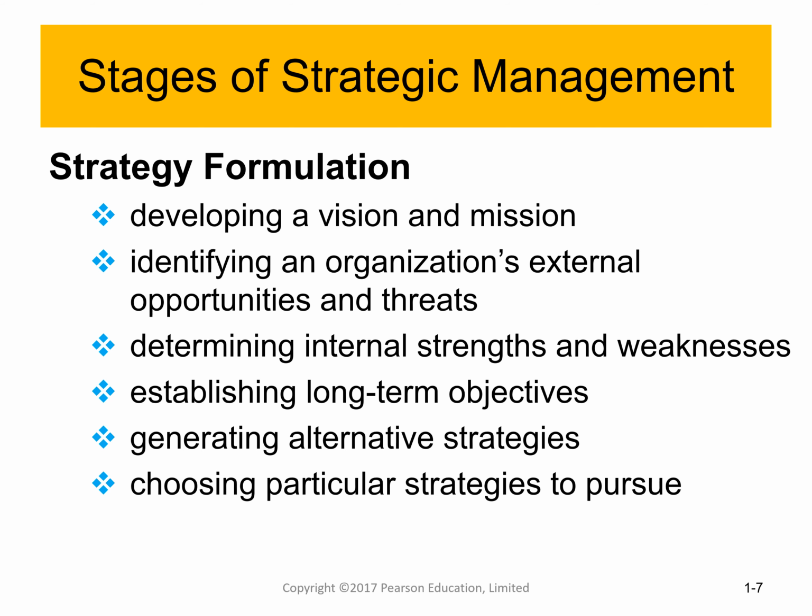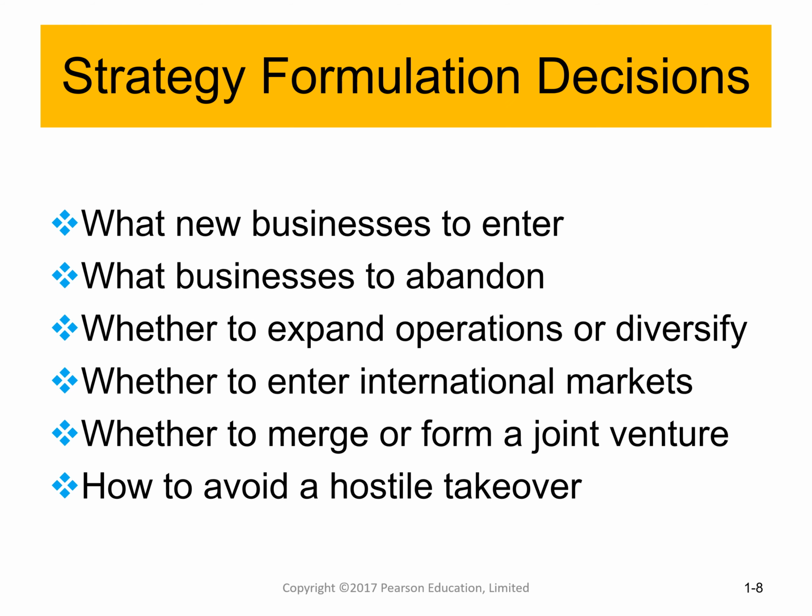Strategy formulation decisions come in different sizes and with different elements. The core elements that you look at include things like what new businesses the organization wants to enter into, or what businesses or operations it wishes to abandon.